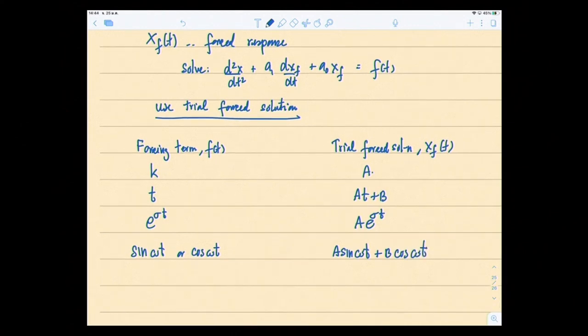If it is e to the sigma t sine omega t or e to the sigma t cos omega t, we try e to the sigma t times a sine omega t plus b cos omega t. These are some of the solutions that you can try.